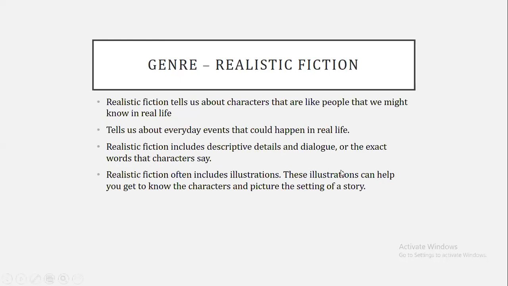Now, these illustrations can help us to get to know the characters and to picture the setting of a story. They help us to visualize. What does visualize mean? When we visualize something, we get a mental image, because the description is so vivid and so full of detail.